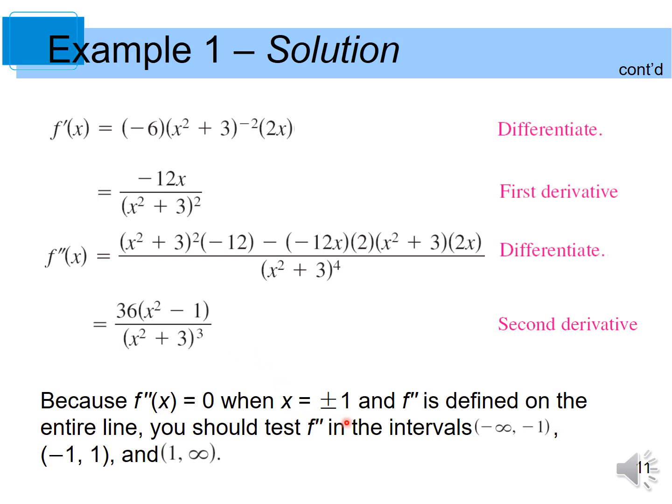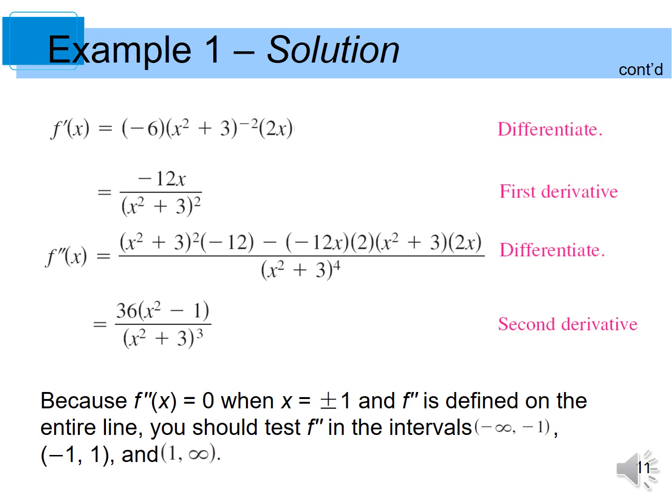The critical numbers are plus or minus 1. And f prime prime is defined on the entire line. You should test f prime prime in the intervals from negative infinity to negative 1, from negative 1 to 1, and from 1 to infinity.